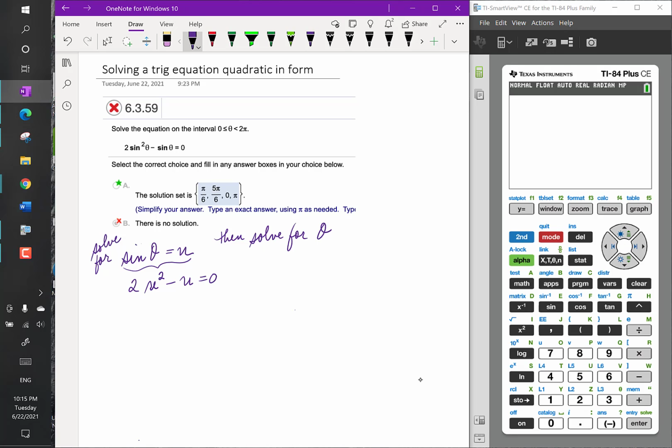I'm just going to point out what this function says, the left side here: take theta, the input, find the sine of it, then square that number, then multiply by 2, and then subtract the sine of theta.